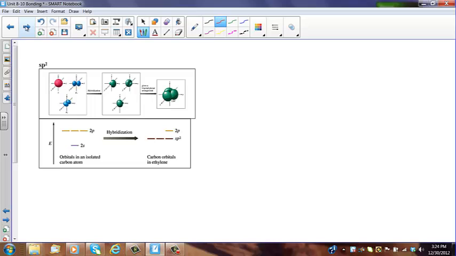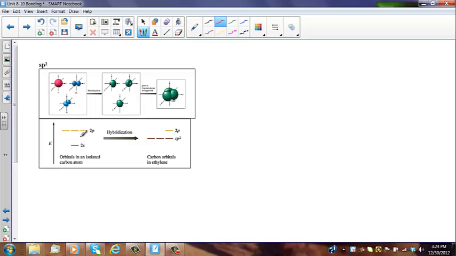This is again showing you an sp2 hybridization, where you know that the p has 3 orbitals, okay? However, you didn't use all of them. You only used 2 out of the 3.